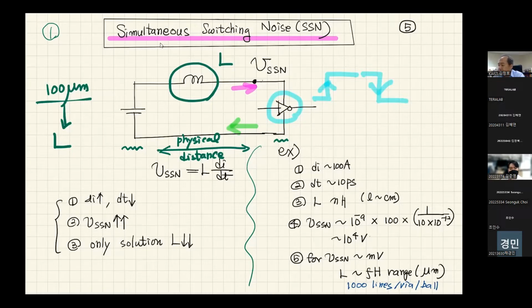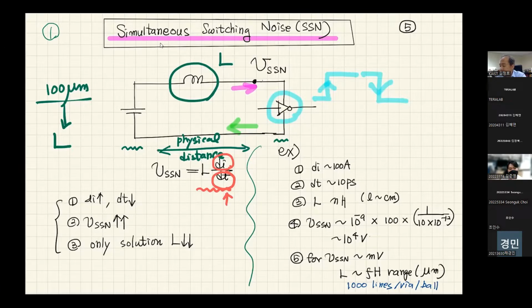Why is inductance so important? Because in a high-speed digital circuit, we have switching current divided by switching time. Our current is increasing because our system integration is becoming higher and higher, and our switching time is becoming sub-nanosecond. Now it is approaching picosecond level, and in the long future, it could be at 100 femtosecond level.